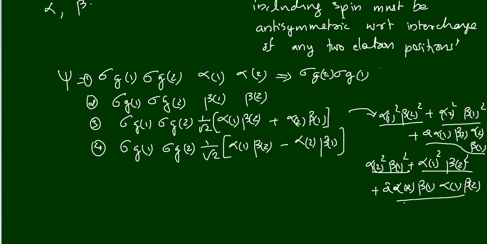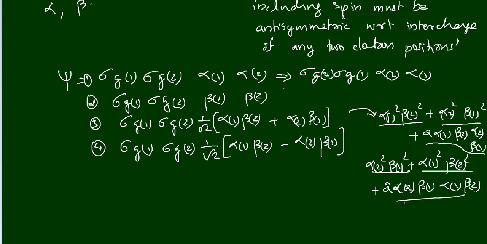Then after exchange, alpha 1 will be exchanged with alpha 2, therefore this will be alpha 2 and that will be alpha 1. So sigma g1 sigma g2 alpha 1 alpha 2 is equal to sigma g1 sigma g2 alpha 1 alpha 2, means after exchange nothing happens, you get the same function. No sign is changing, the sign of the wave function is not changing, so this is not anti-symmetric.